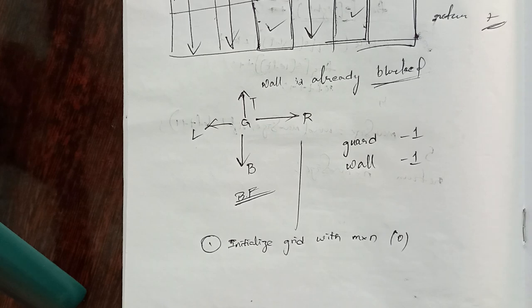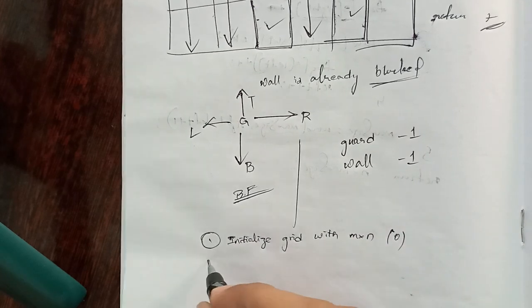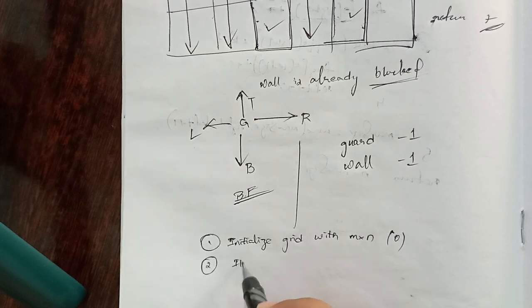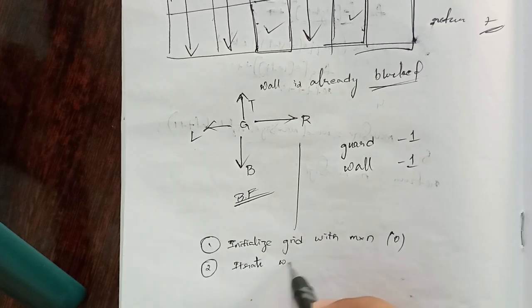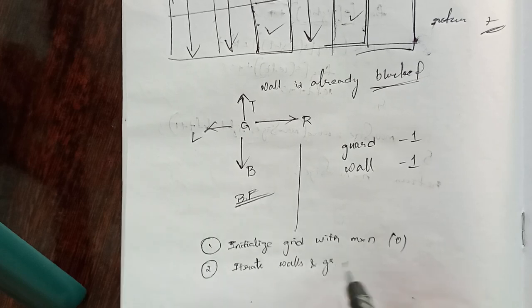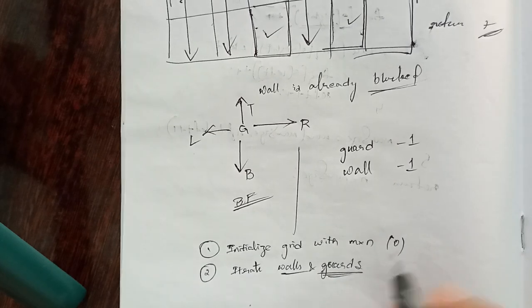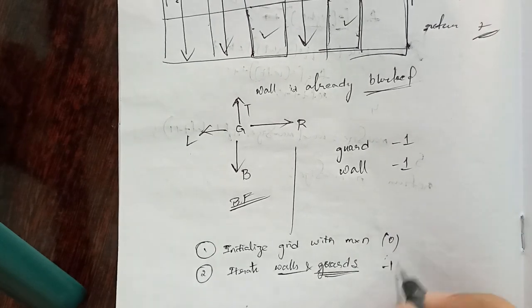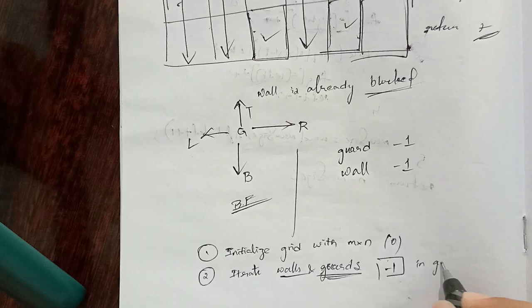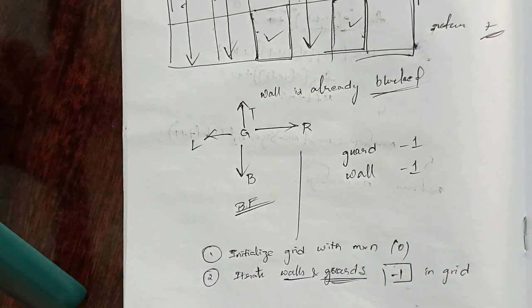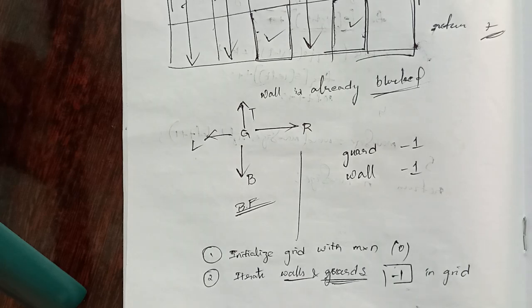Then iterate over walls and guards and make them -1 in the grid. After making the cells where walls and guards are present -1, we need to do another thing.